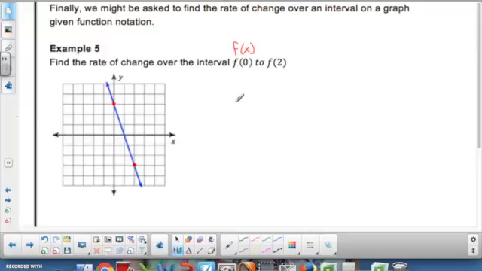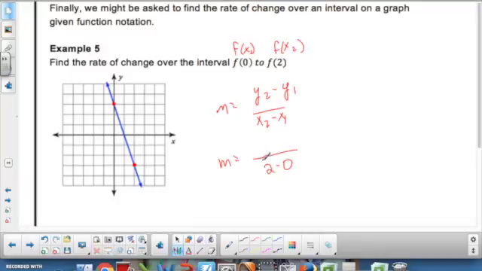So my rate of change from f of 0 to f of 2 is going to be y2 minus y1 over x2 minus x1. My x values were given to me in the problem. It's 2 minus 0, because this is my x sub 1, and this would be my x sub 2.